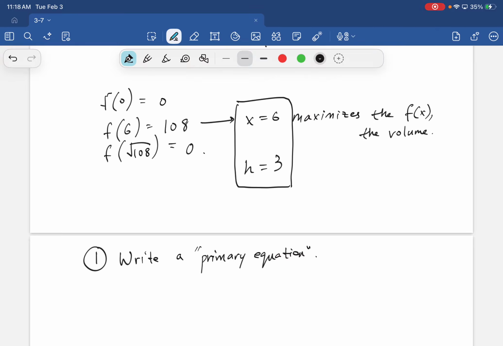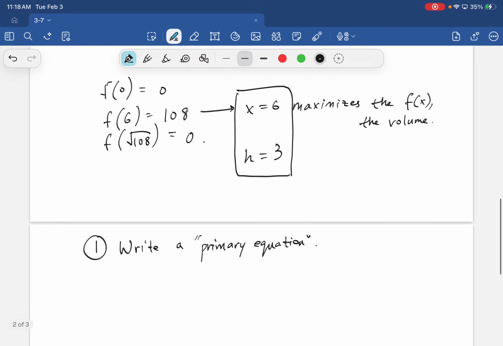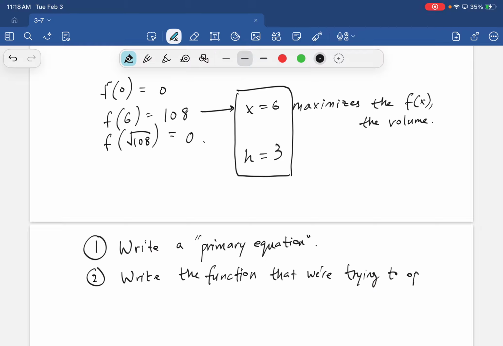Now we're trying to find the critical numbers for f of x, so we'll take the derivative. If you take the derivative, this becomes... Okay, I took the derivative of f of x, and now I'm going to try to solve for x.